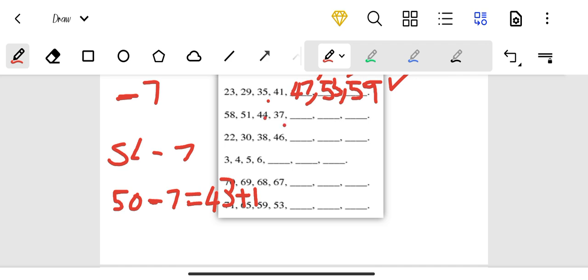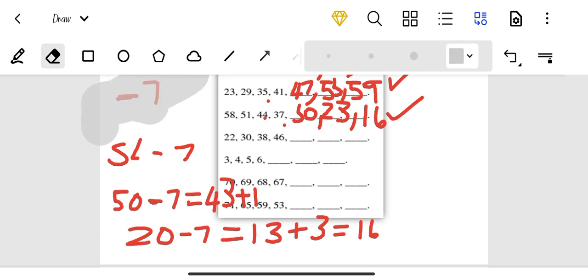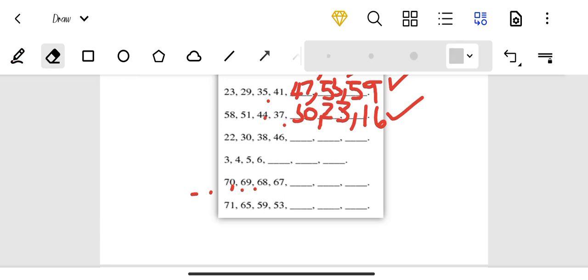So 37 minus 7 is going to be 30. 30 minus 7 is going to be 23. And then 23 minus 7: 20 minus 7 is 13, plus 3, which is going to be 16. So the next is going to be 16. And you're done.